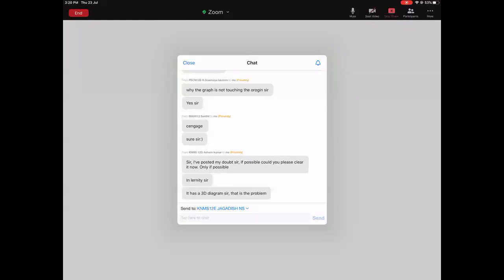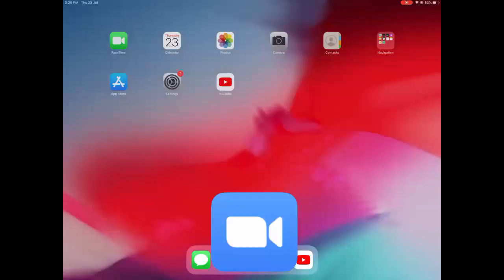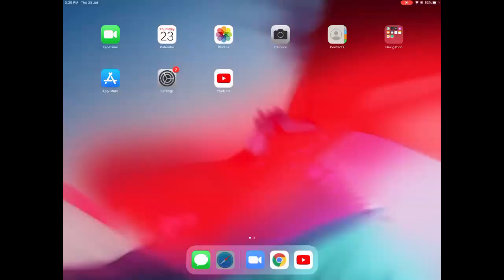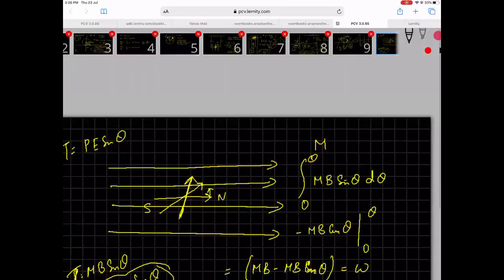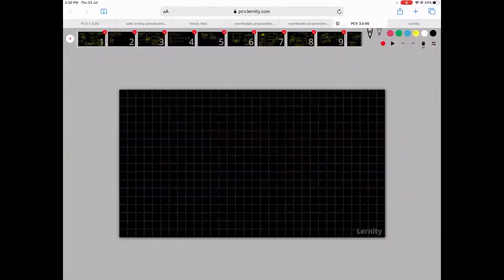Okay, so there's another interesting question. This is the x-axis, this is the y-axis. You guys can try to work it out. Sorry, this is the z-axis, this is the y-axis.